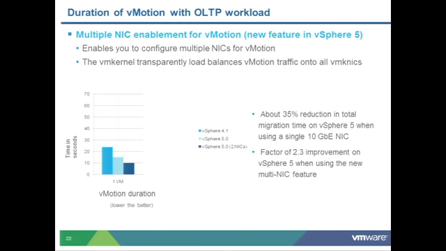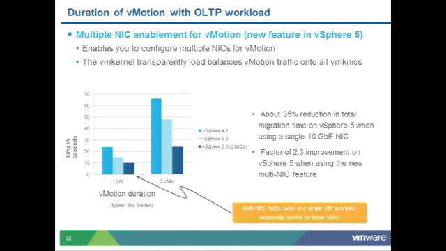We've seen about 35% improvement from just moving from vSphere 4.1 to vSphere 5. And when we enable multiple NICs, the performance improvement was by a factor of 2. We've seen exactly the same performance improvements in the multi-VM scenario also. There was about 35% improvement using one 10 GB NIC. And when we used two 10 GB NICs, the performance improvement was more than a factor of 2.